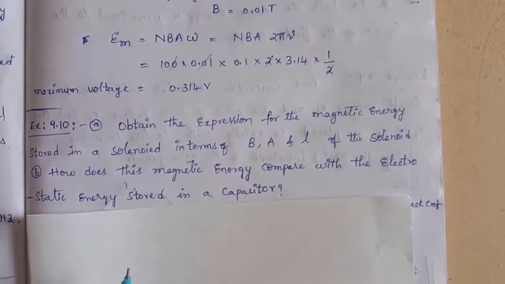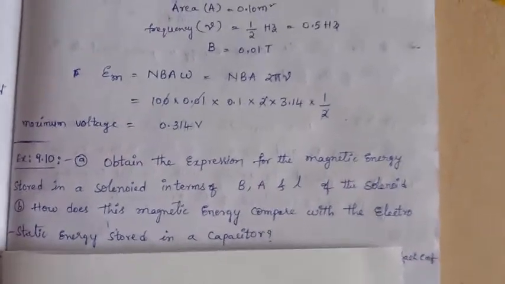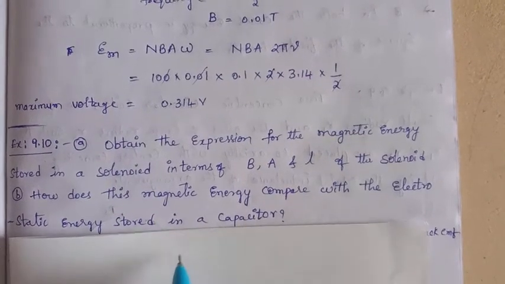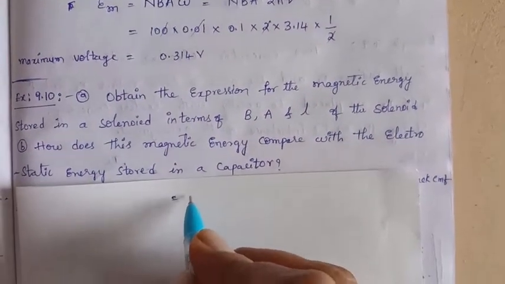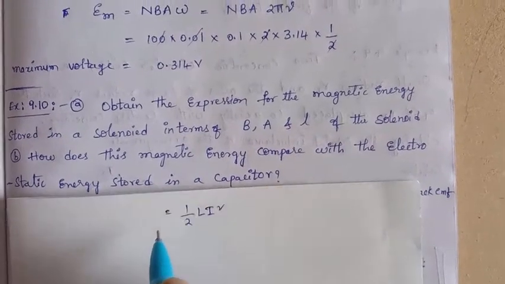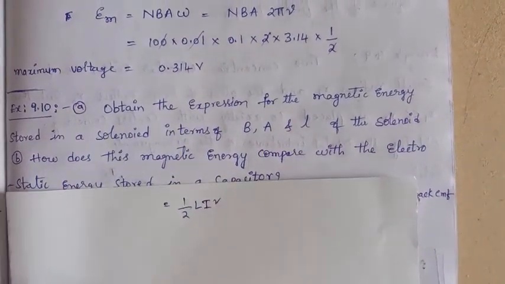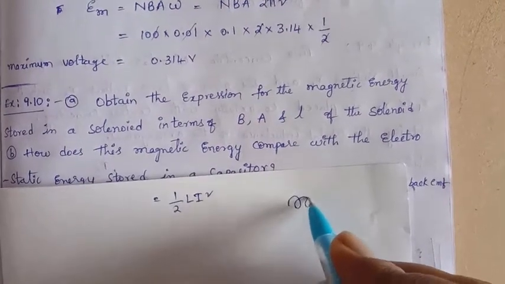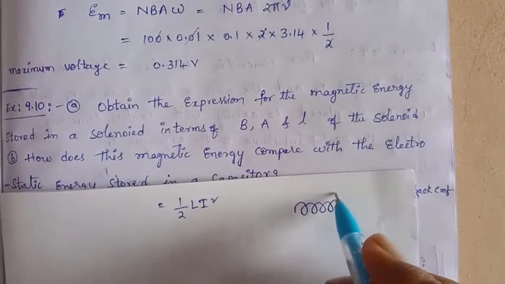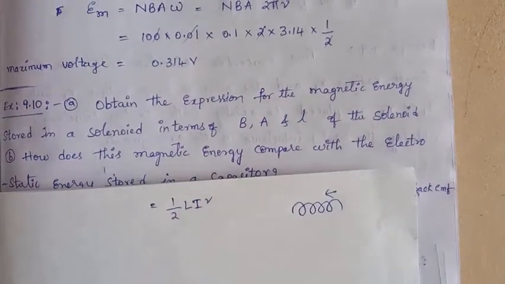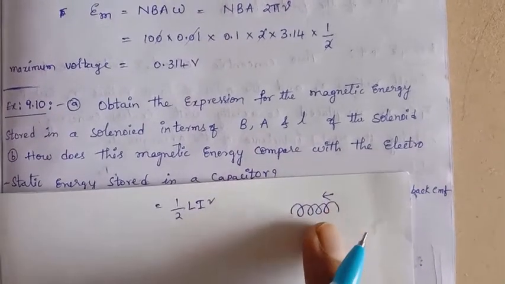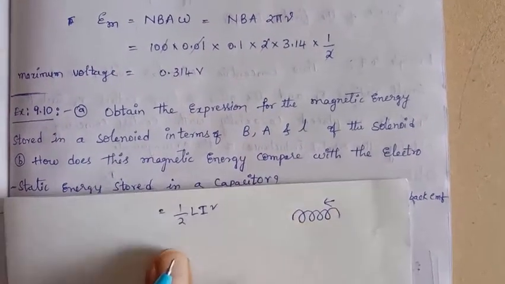Obtain the expression for the magnetic energy stored in a solenoid in terms of B, A, L. The magnetic energy formula is half Li square. You have to take the solenoid. You change the current, the flux changes and a back EMF is induced. The work done against this back EMF is stored as the magnetic potential energy.